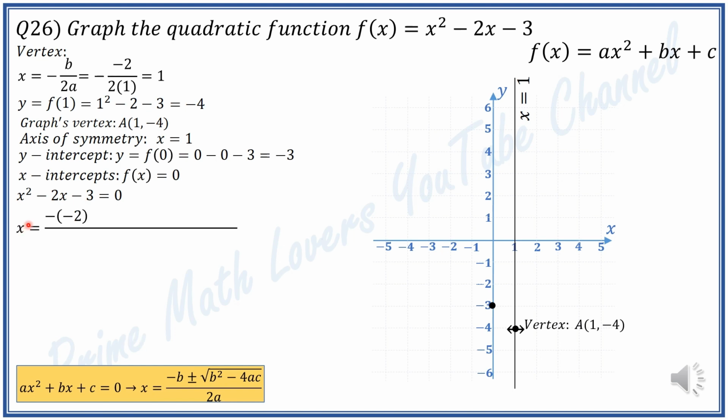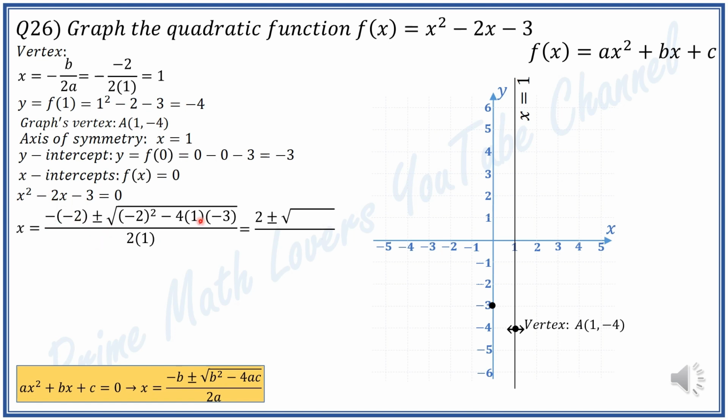So x is equal to negative b, which is -(-2), so 2, plus or minus the square root of -2 squared minus 4 times a, 1, times c, -3, over 2 times a, which is 1.